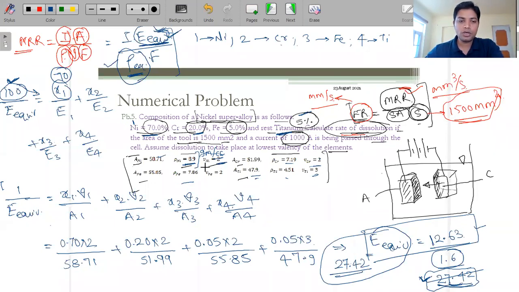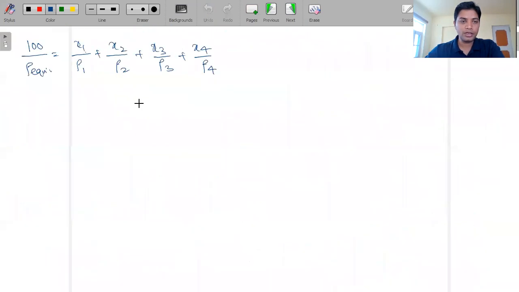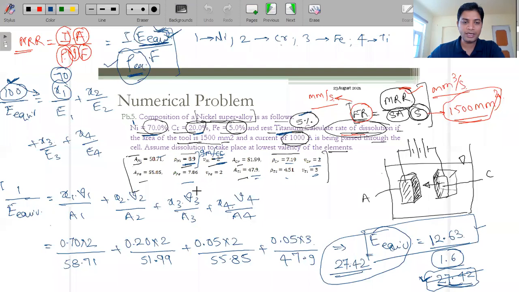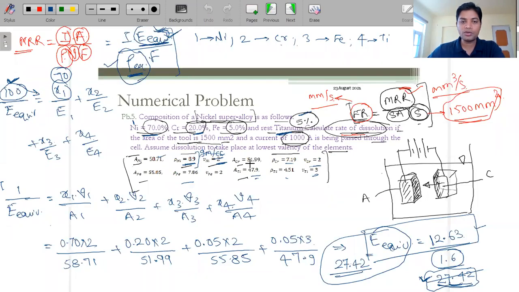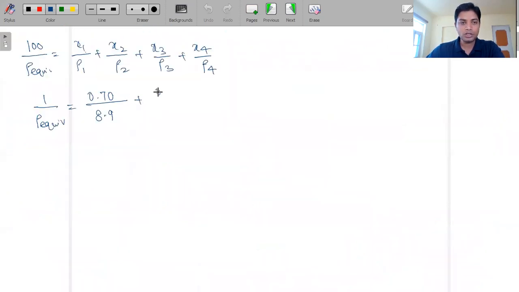Now first we are considering nickel, so 1 by rho equivalent equals x1, that is 0.70 upon rho 1, the density of nickel, 8.9, plus x2, that is chromium at 20%, with density 7.19, so 0.20 upon 7.19.